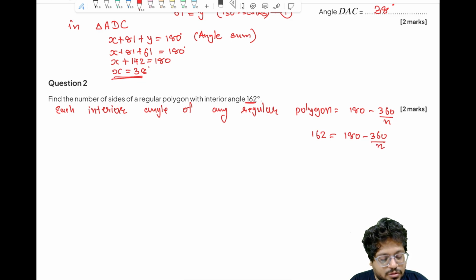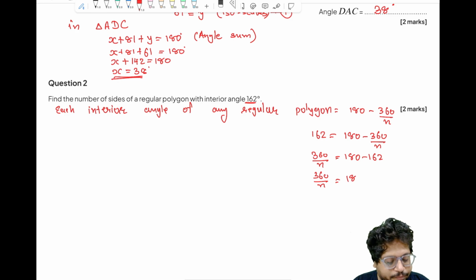Clear? So let's shift this here and 162 here. So 360 upon n, if you shift it to the left-hand side, it will become positive, and 162 will become negative. So 360 upon n is equal to 180 minus 162, which is 18.